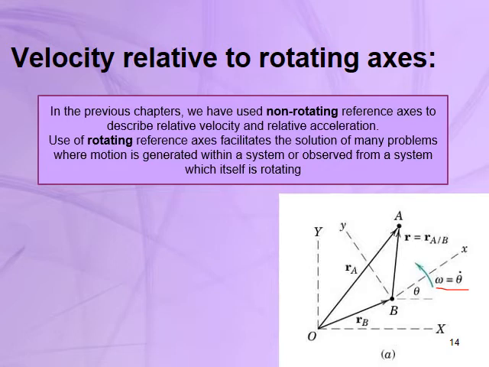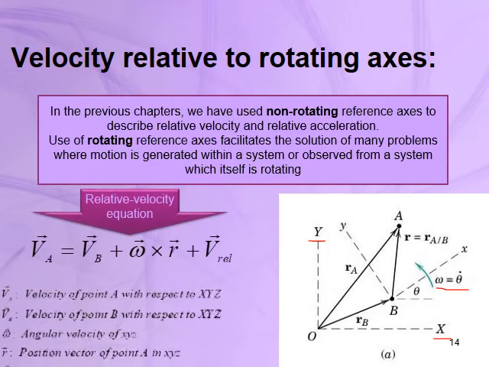So sometimes in dynamics, in real problems, we need to use a coordinate system like this lowercase x and y, and we also need another fixed coordinate system, which is uppercase X and Y. So in this type of problem, we need the relative velocity and acceleration equations with respect to this coordinate system.